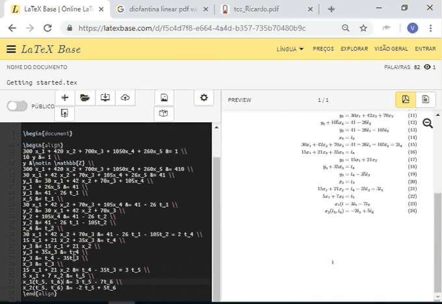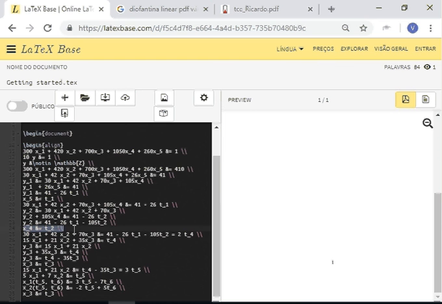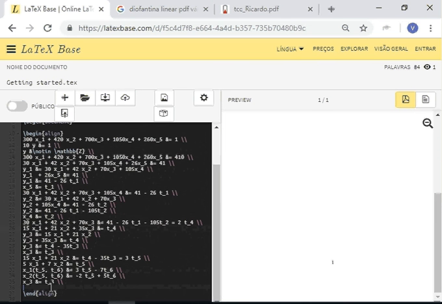We copy x3 to 3, x2, x4 to 2, and x5 to 1.